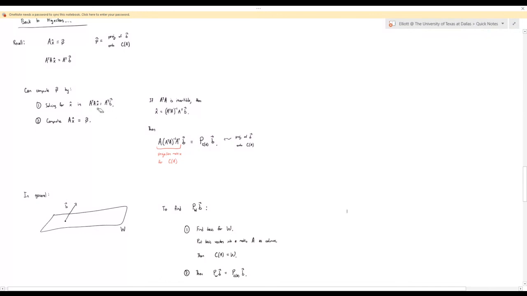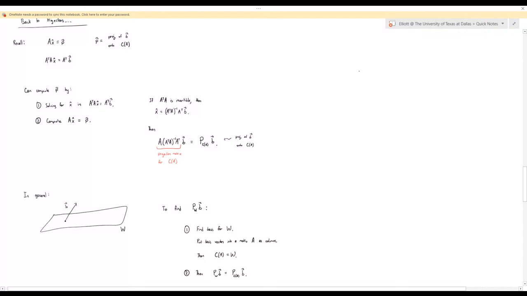And then once you have the least square solution, again, just multiply by A to get the projection vector. So you're not necessarily forced to use this formula to compute the projection. If you want to avoid computing the inverse of A transpose A, then instead you always have the option of doing elimination to get the least square solution, and then multiplying by A afterwards. Okay.